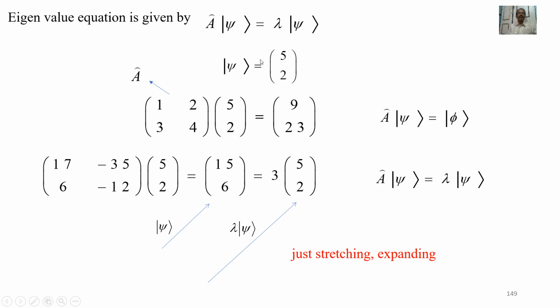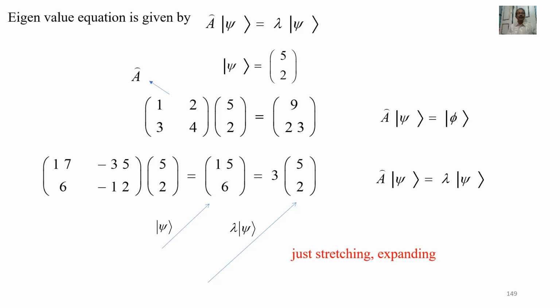For example, take psi, the column vector, equal to phi 2. Suppose operator A is a matrix, which we'll see later. It's a representation of operator A in terms of a 2 by 2 or 3 by 3 or 4 by 4 matrix.